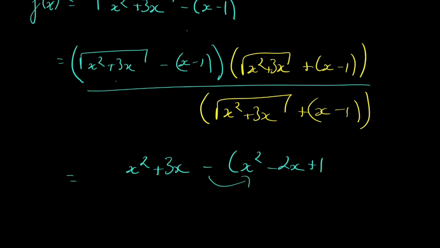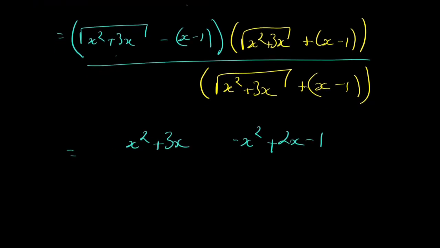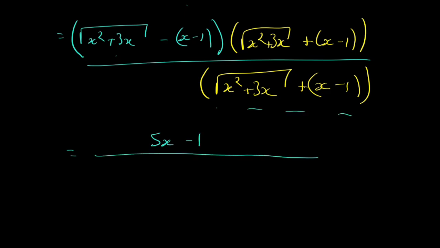If we develop this, we will have minus x squared plus 2x minus 1. Perfect. We can do some simplifications, this one with this one, obviously, and we are left with 5x minus 1, divided still by the square root of x squared plus 3x plus x minus 1.